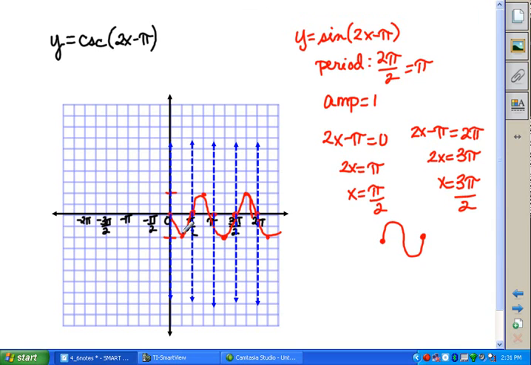And then it's going to fill in with this other key point, and then draw the graph asymptotic to those vertical asymptotes in between there.